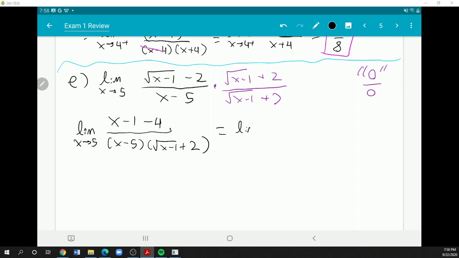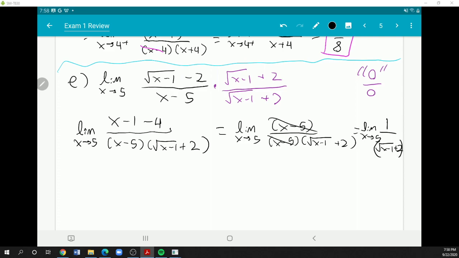So we have, this is limit as x goes to 5 of x minus 5 over x minus 5 root x minus 1 plus 2 equals limit x goes to 5 of 1 over root x minus 1 plus 2. So not my most clean work there at the end, but that's what it is. So let me write this out more cleanly.